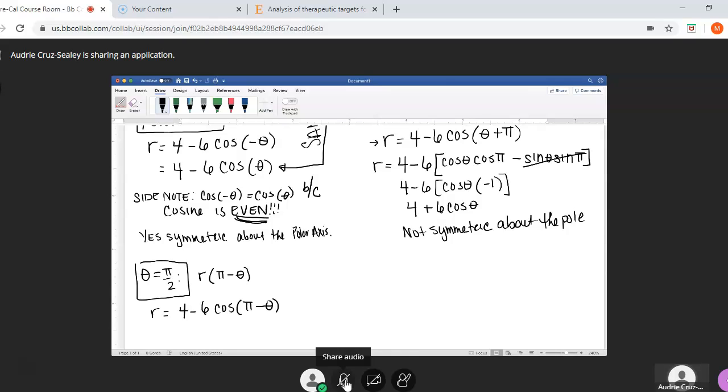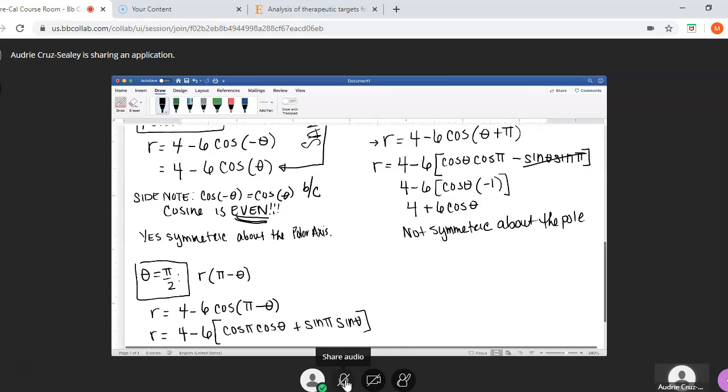Yes, no, maybe? So if I were to simplify this, I would get r equals 4 minus 6, bracket, cosine pi cosine theta plus sine pi sine theta, right?